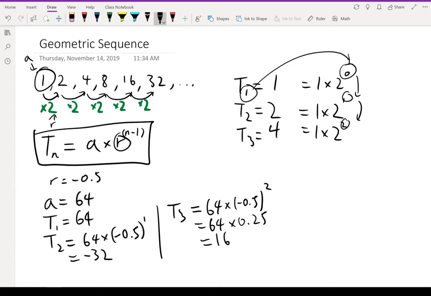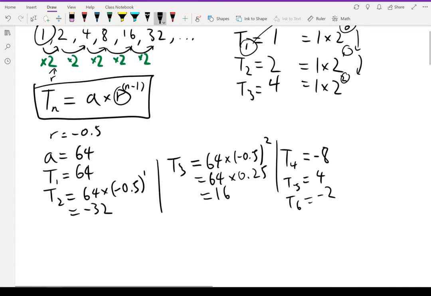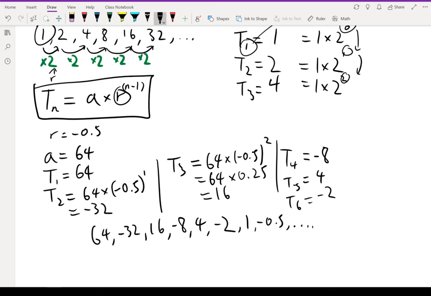And then if we go on, we can see a pattern. T of 4 should be negative 8, t of 5 is 4, t of 6 is negative 2. And if I write it all out nicely, our sequence will be 64, negative 32, 16, negative 8, 4, negative 2, and then if we continue, it will be 1, and then negative half, and so on.